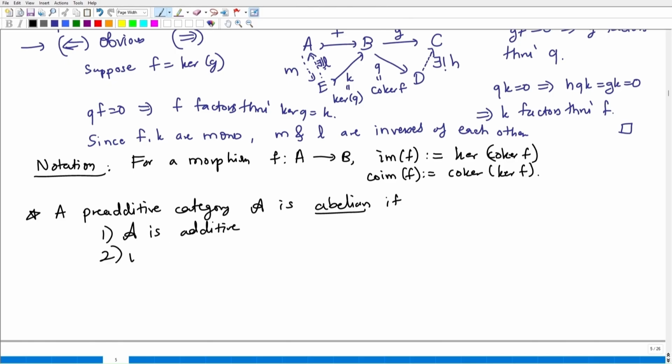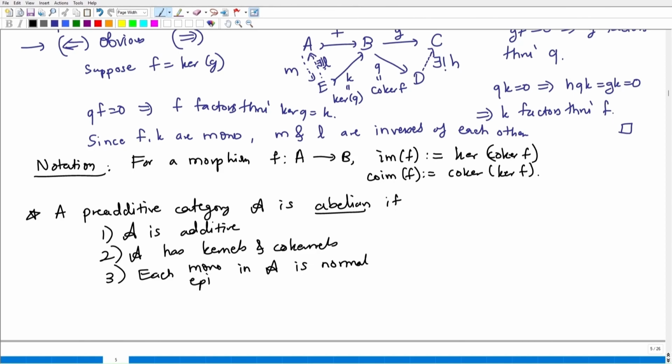Second condition, A has kernels and co-kernels. And third condition, each mono in A is normal. And similarly, each epi is also normal.